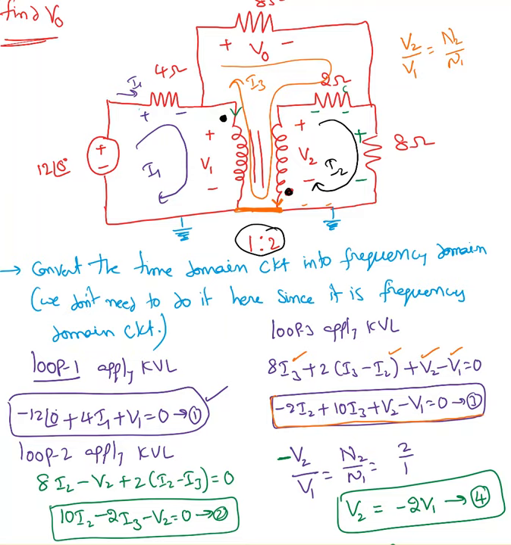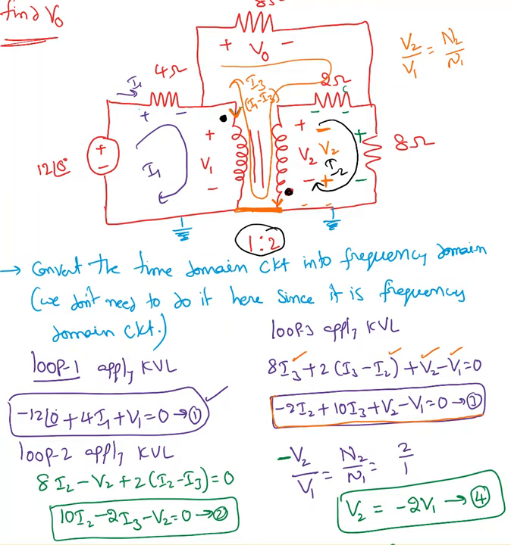That's what we need to find. So if you look at here, the current going down, what is the current going down there? It must be I1 minus I3. That I1 minus I3 is entering the dot. So the dot terminal must be positive here. So this must be positive. This must be negative for V2.